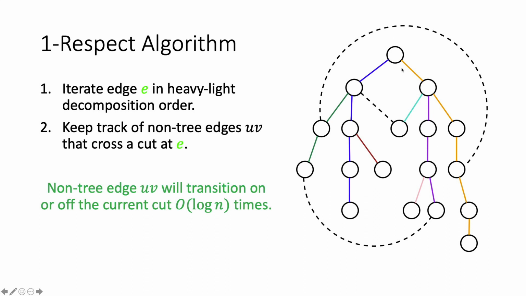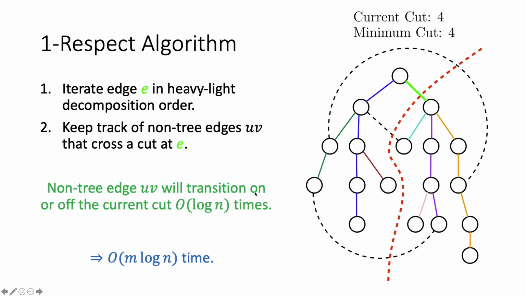As you recall, when I'm on a path, there's just a constant number of updates per non-tree edge. We'll see how it works in just a little bit, but this is going to imply that our complexity will be m log n. All right, so let's go ahead and illustrate this algorithm.